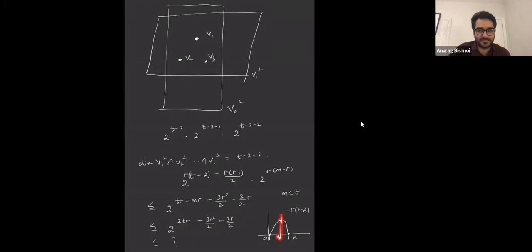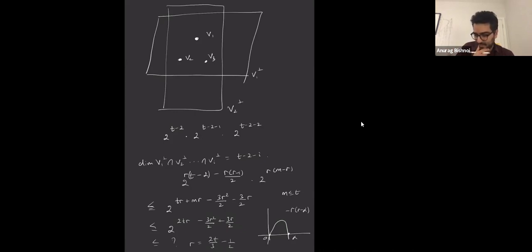And that maximum value turns out to be R equal to, I believe, roughly 2t over 3 minus half, something like this. So we could just plug in R equal to 2t over 3 minus half, and hopefully that's a nice estimate.